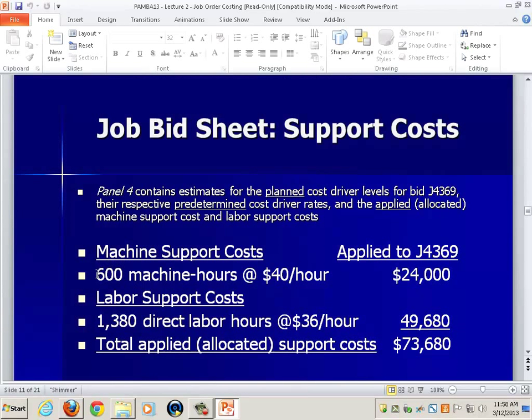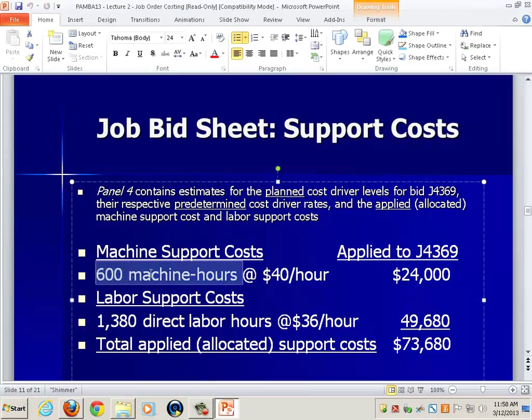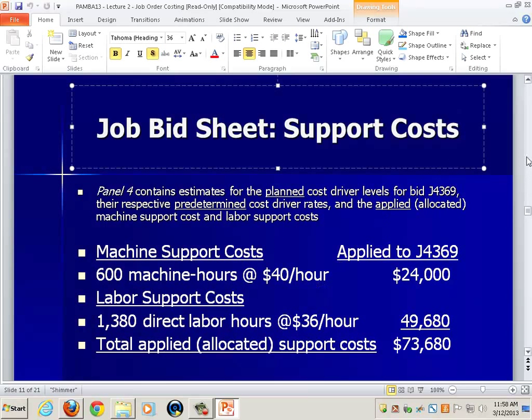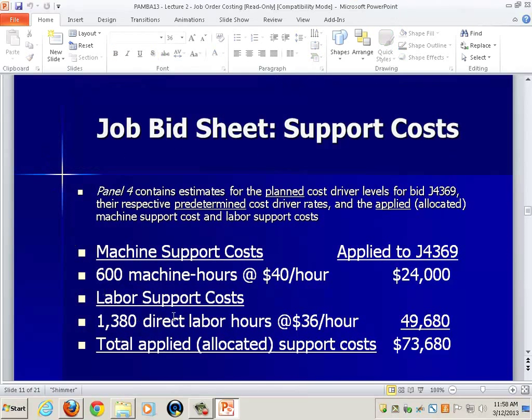So now you ask yourself, how many machine hours will be needed for the job that I'm doing for the 1500 engine valves? And let's see, the estimate is 600 machine hours. So you have 600 machine hours.